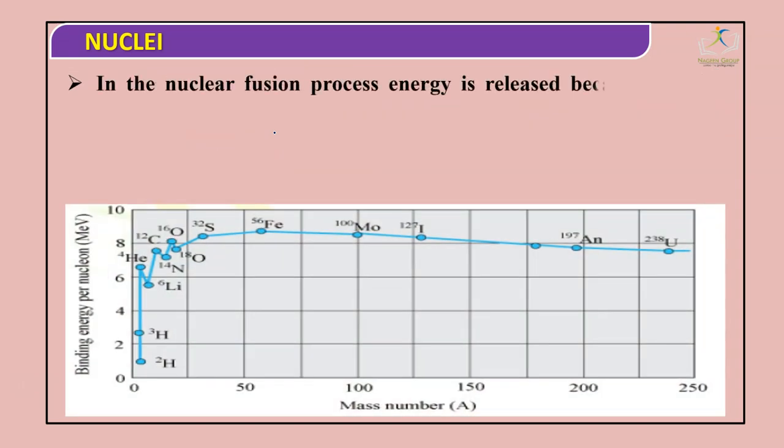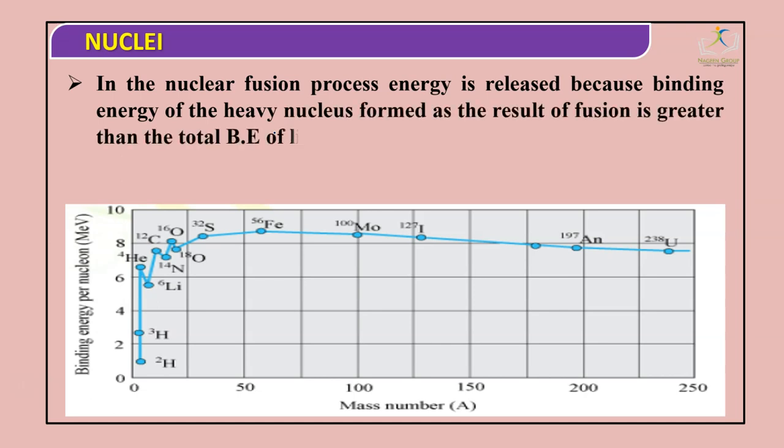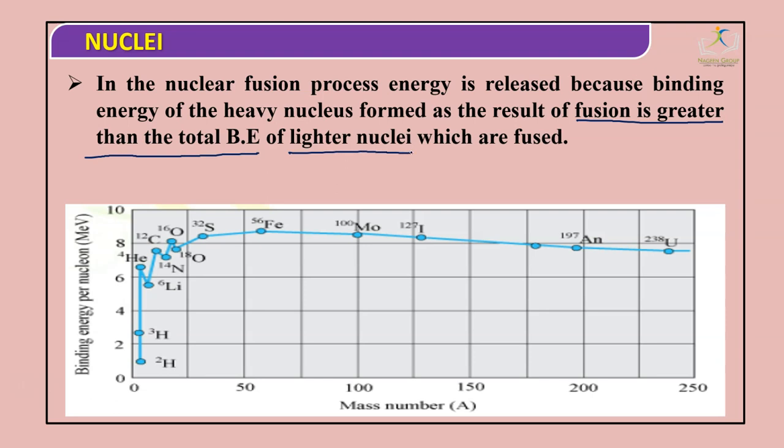So in this nuclear fusion process, energy is released, because the binding energy of the heavy nucleus formed by fusion is greater than the total binding energy of the lighter nuclei.